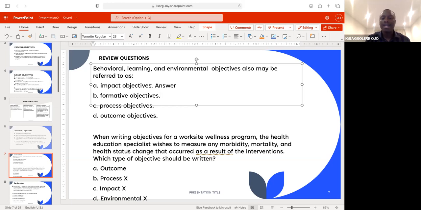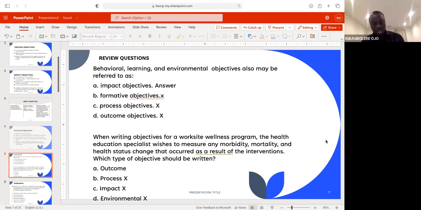That will be impact objectives. Process objective doesn't have different parts, okay? Outcome objective doesn't have different parts. It only has indices. And of course, we never talked about formative objective, all right? So that's something right there.